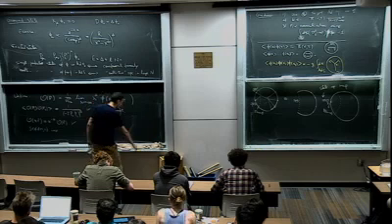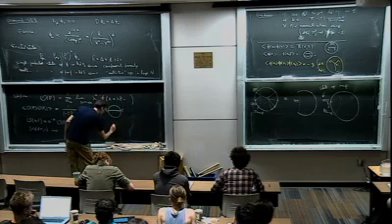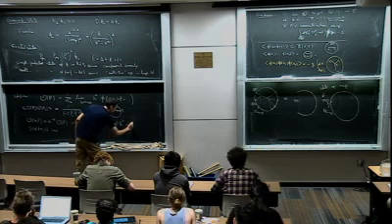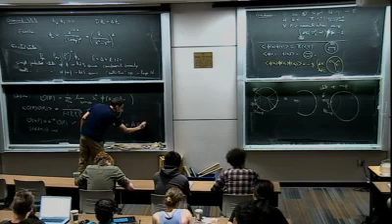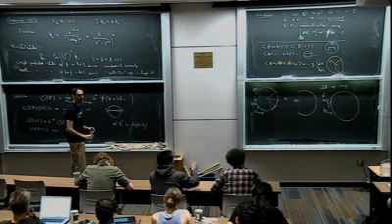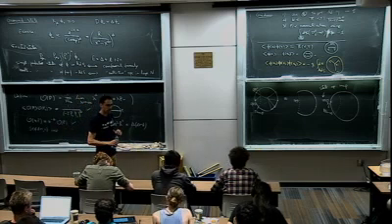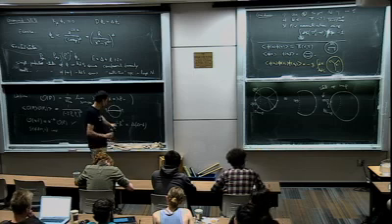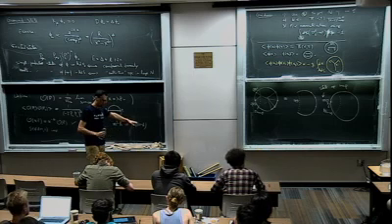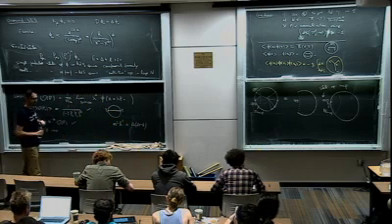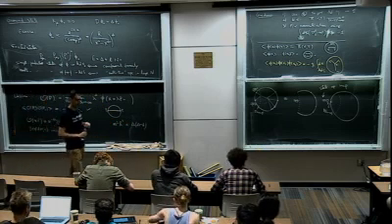This was the relation I wrote at some point: mass squared in units of the AdS radius is the Casimir, delta times (delta minus d). But this mass is not the one in the Lagrangian? Yes, it is that mass. So the mass of the field in AdS is related to the scaling dimension of the operator defined by this limit.